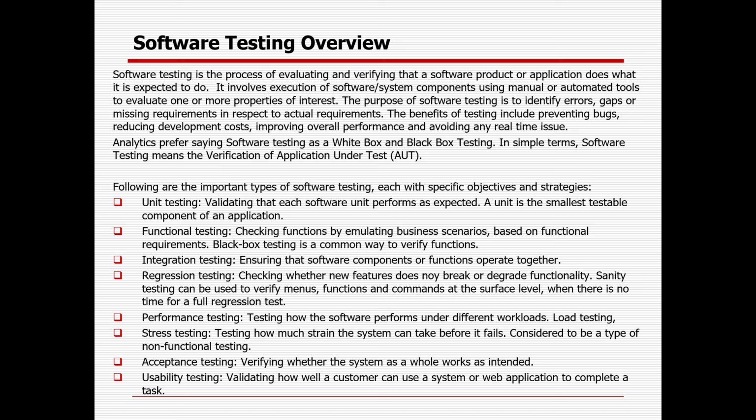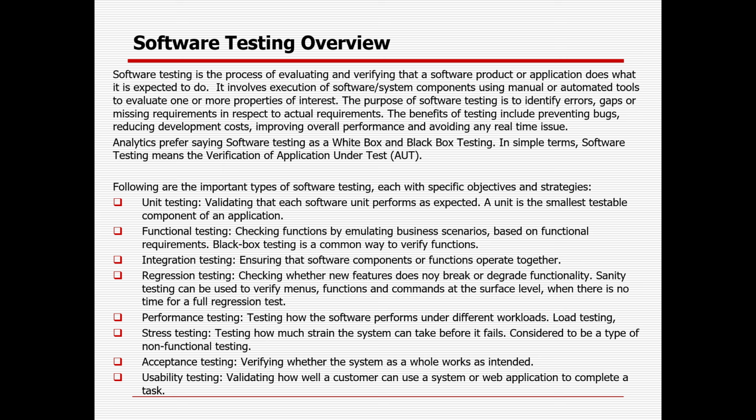Once unit testing is successful, the developer will release the code for the tester to start their testing, and the testing team will start with functional testing, where they check functions by emulating business scenarios based on functional requirements. Black box testing is a common way to verify functions.